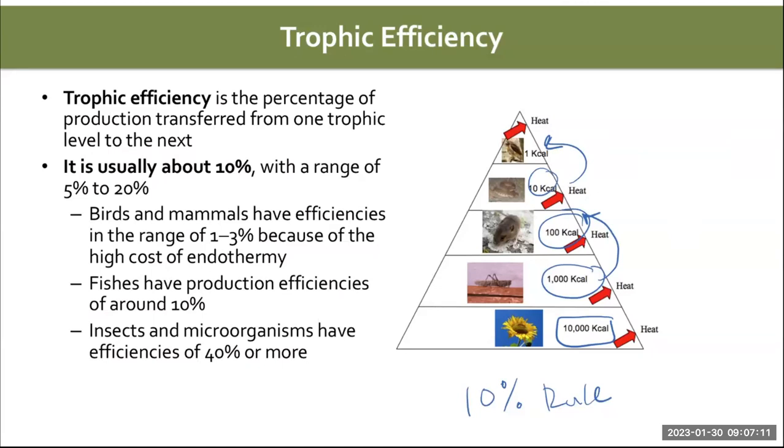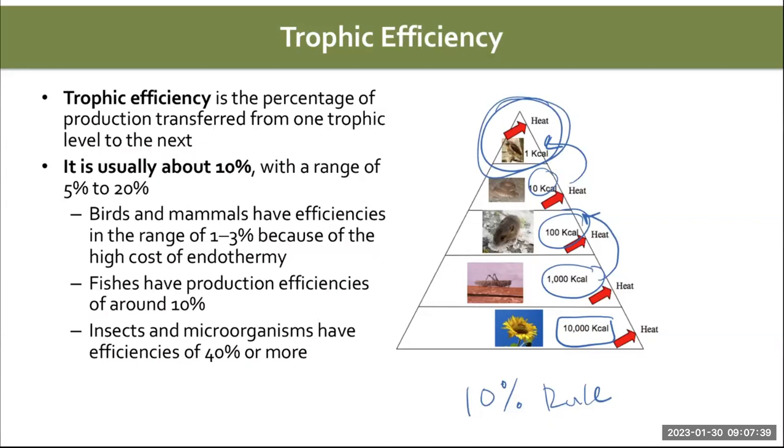I kind of hinted at this idea in the community ecology lecture, but I wanted to hold off until we understood the dynamics of energy a bit more clearly, okay? This is why it takes so much land and so much space to support a top predator. The other way to look at this is from the top down, right?